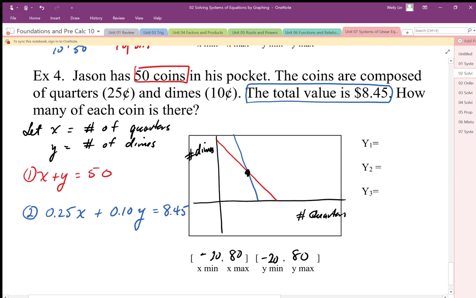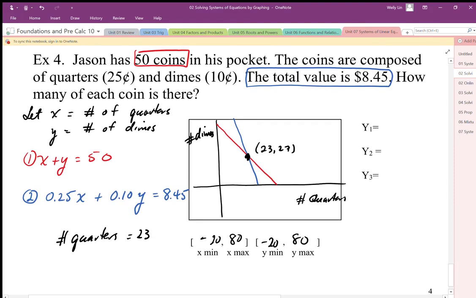So when I look for that intersection point on my graph, it's going to be 23, 27. What that means is the number of quarters equals 23. That's my x. And then my y is going to be the number of dimes.